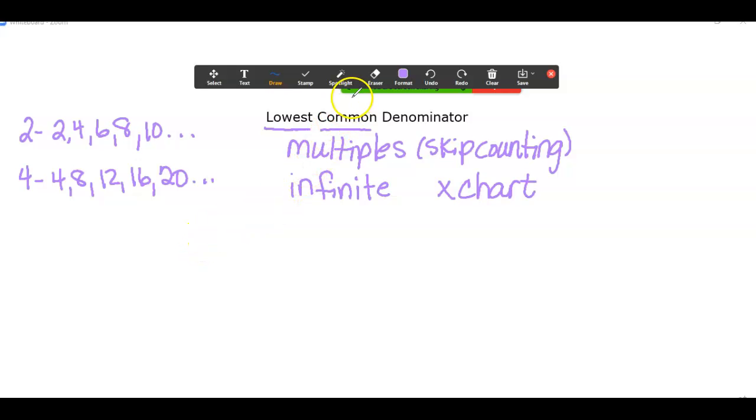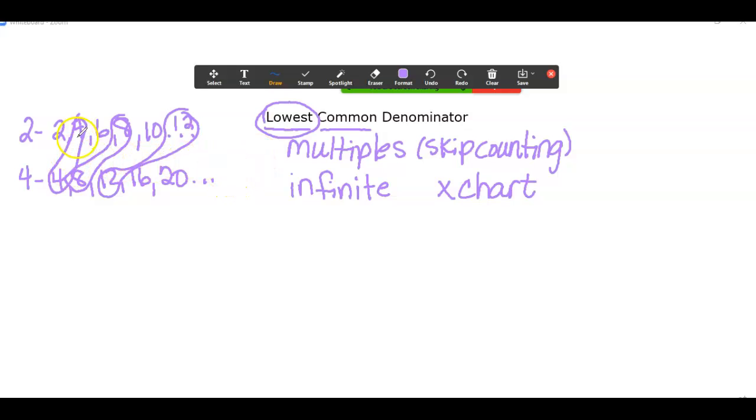So again, we're finding common denominators that are multiples, but we want the smallest. If I look over here, I can see that these have a lot of common denominators. If I did the next one, I'd also have a 12 and so on. But I want the lowest.